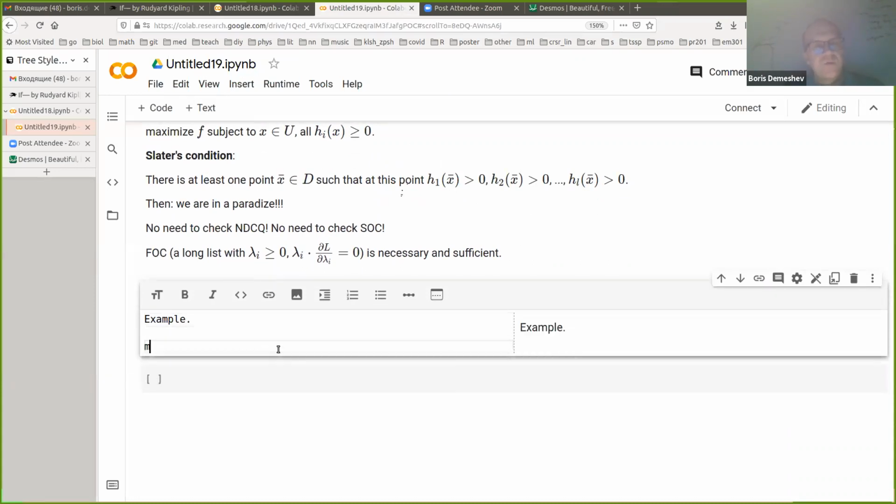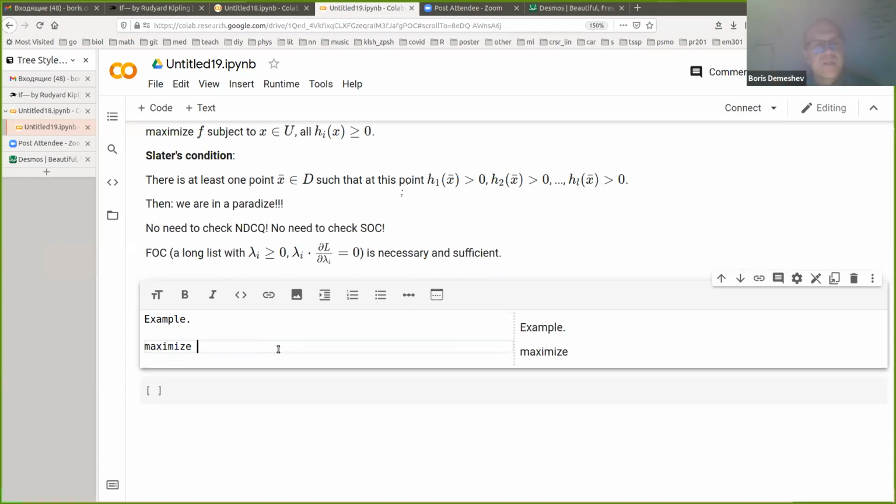My goal is to maximize 5 minus x squared minus 6y squared, or maybe y cube, or maybe y to the power 4, on R2.